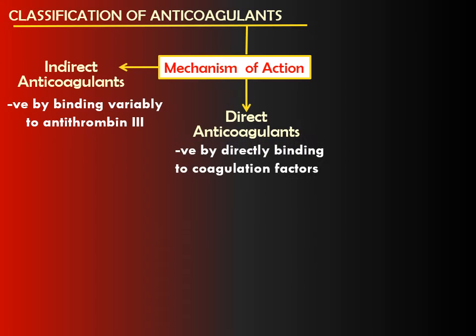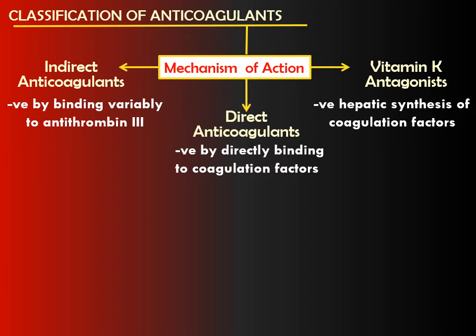And direct anticoagulants that directly bind and inhibit the coagulation factors, and vitamin K antagonists which inhibit the synthesis of coagulation factors by the liver. An example of the vitamin K antagonists is warfarin.